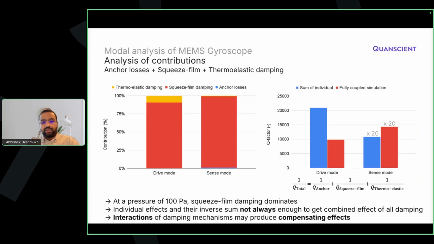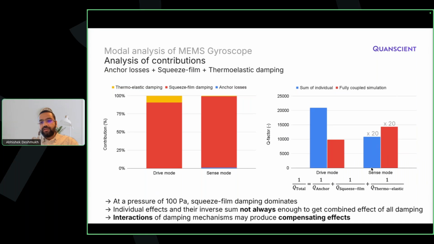One thing I came to understand was that maybe the squeeze film damping is acting and compensating the effect of the anchor losses and thermoelastic damping. So there can be interactions between these damping mechanisms which might compensate or amplify each other, and this has an impact, and this is what is visible.